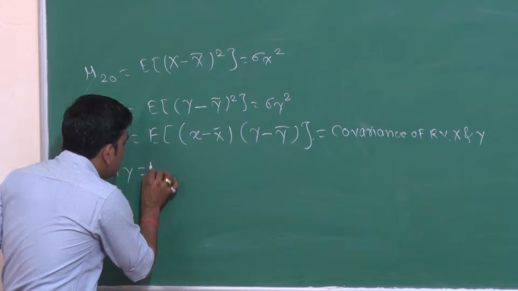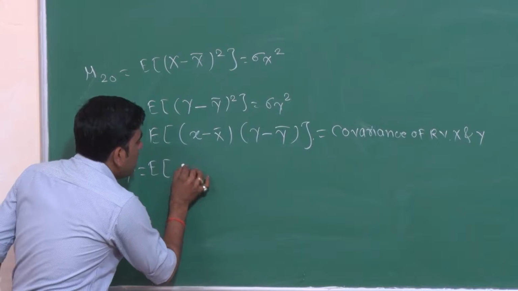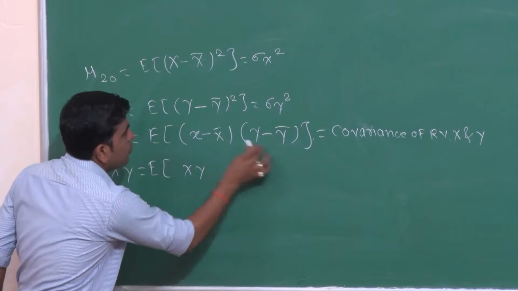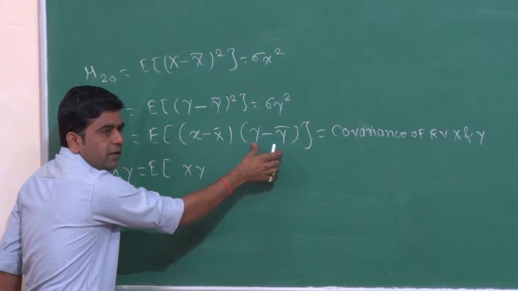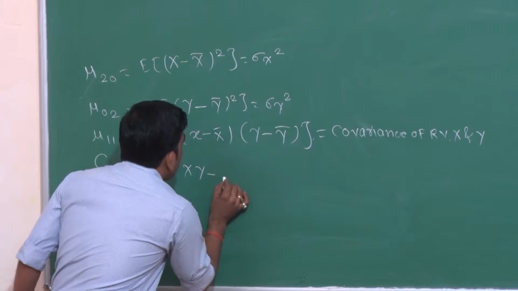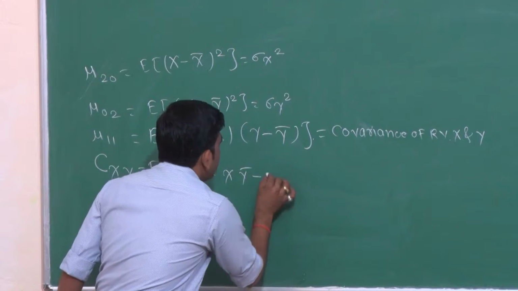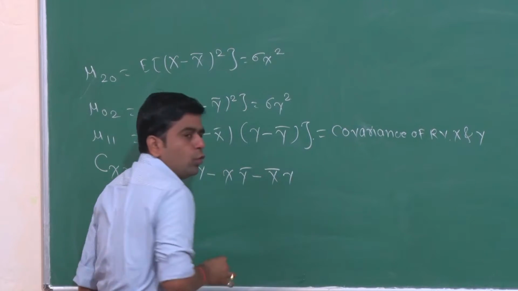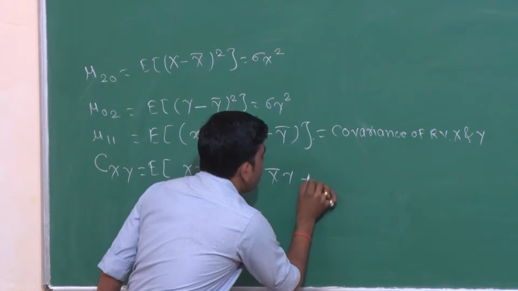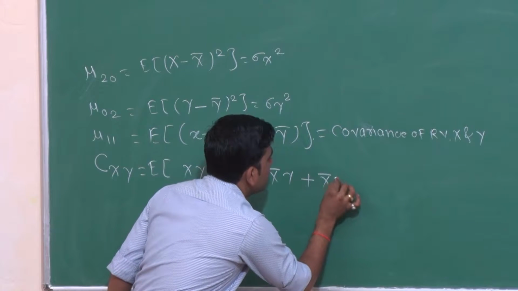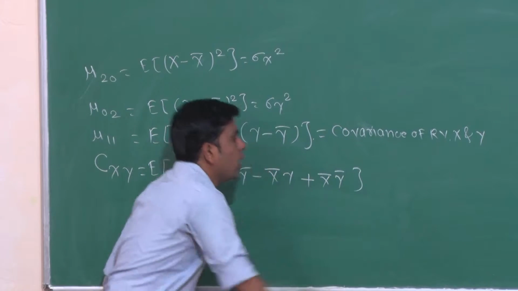Here, just do the multiplication of these two bracket terms: XY minus X into Y bar minus X bar into Y plus X bar into Y bar.